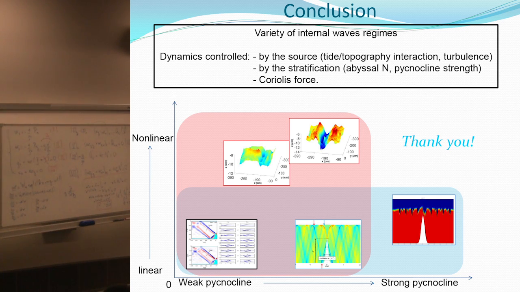So we were heading for more nonlinear cases in a stronger pycnocline. So we can see that when varying these two parameters, like the nonlinearity of the flow and the strength and the type of the stratification, more generally, we can observe different regimes of propagation for these internal waves.